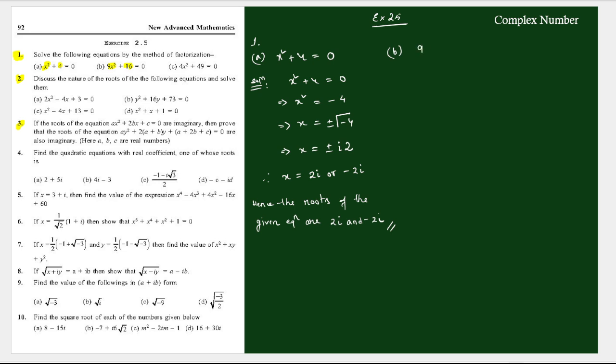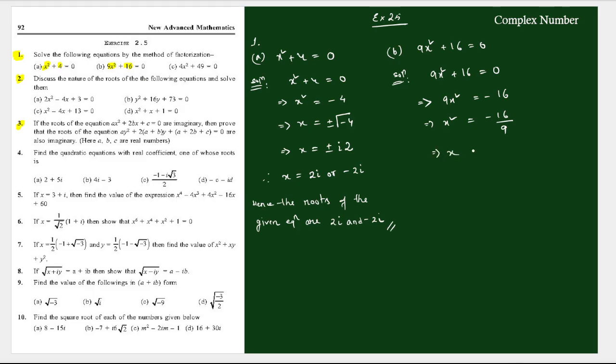So 9x square plus 16 equal to 0. 9x square becomes minus 16, so x square becomes minus 16 by 9.